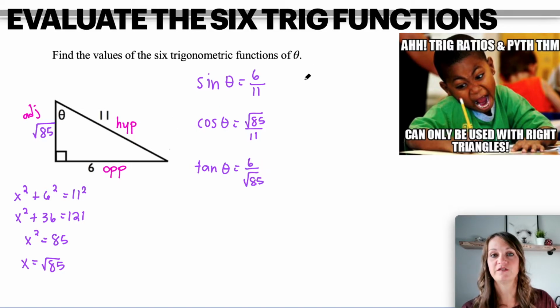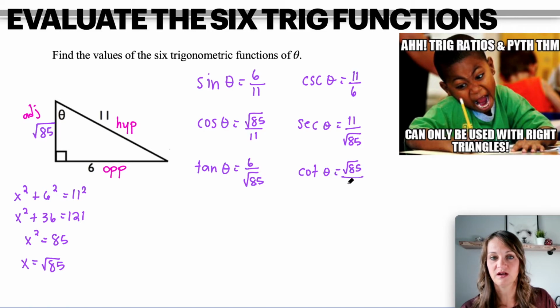Now, for the reciprocal functions, cosecant will be the reciprocal of sine. Secant, again, will be the reciprocal of cosine. And cotangent will be the reciprocal of tangent.